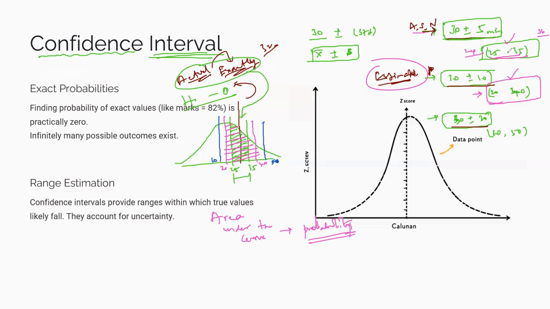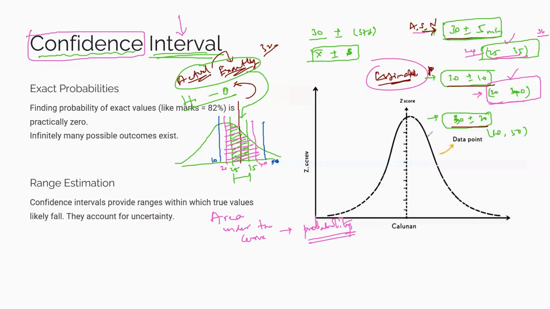So there is more chance of failure here, and more chance of success here. Making sense, guys? So the confidence is associated with this interval. Okay. The larger the range, the more confident you are.